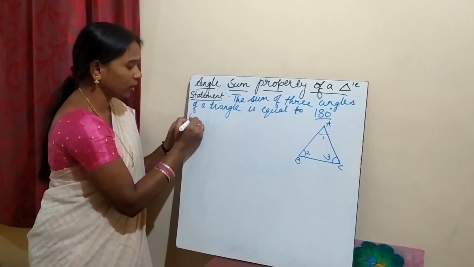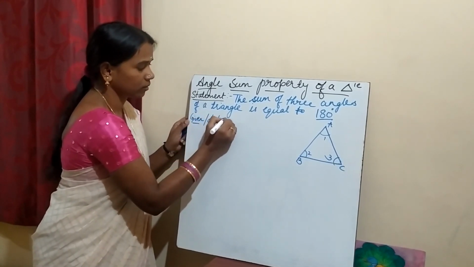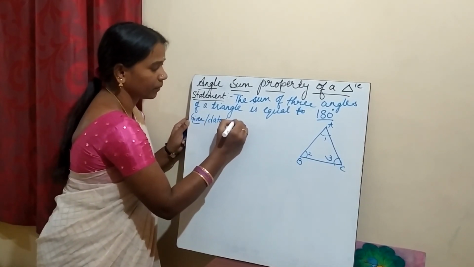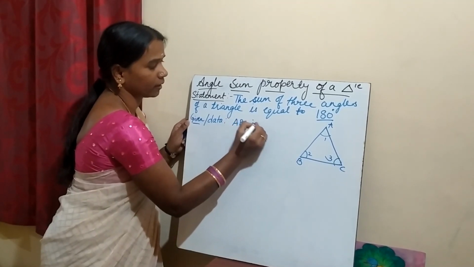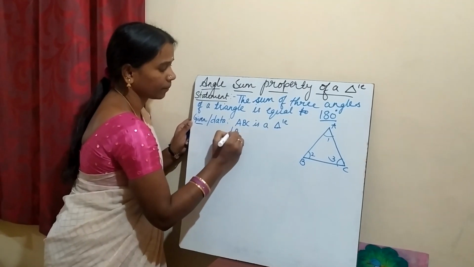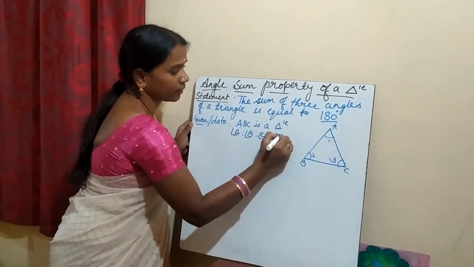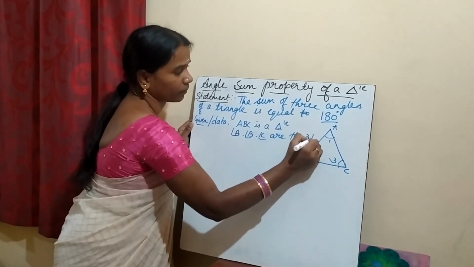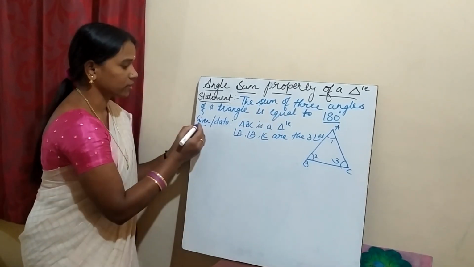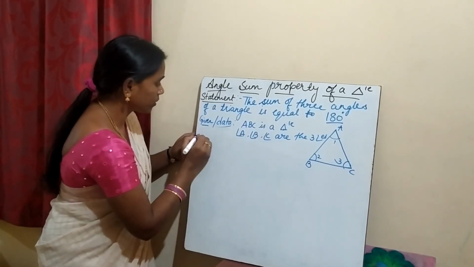What is given first of all? Given is the data: ABC is a triangle, and angle A, angle B, angle C are the three angles. Next, what are we going to prove?